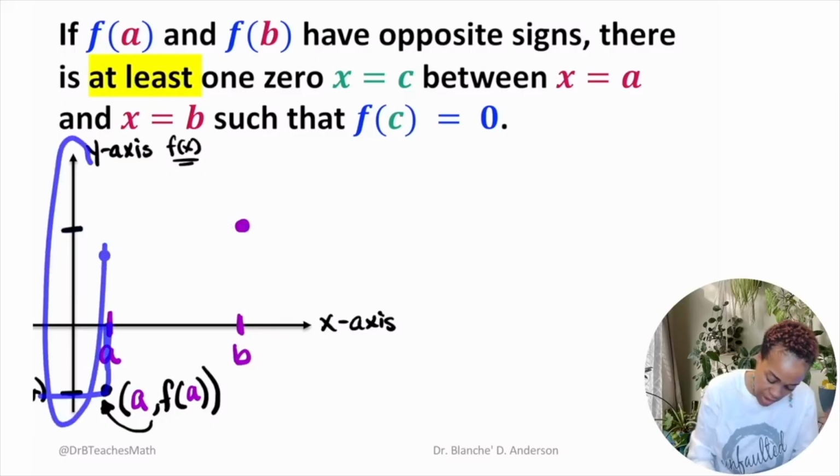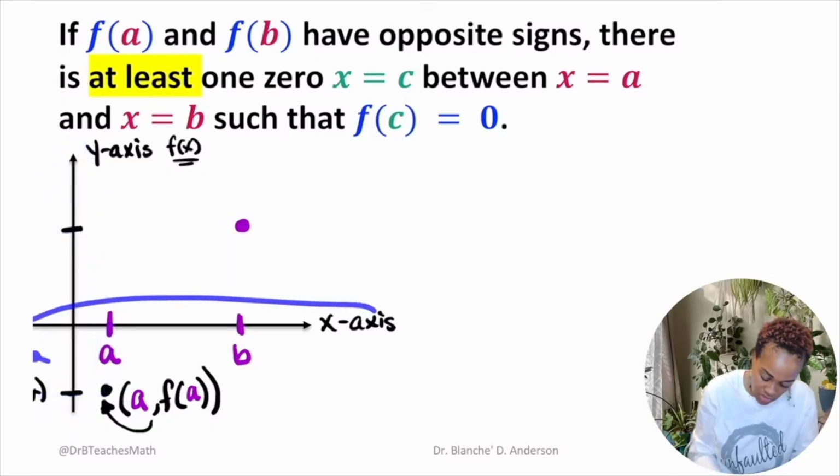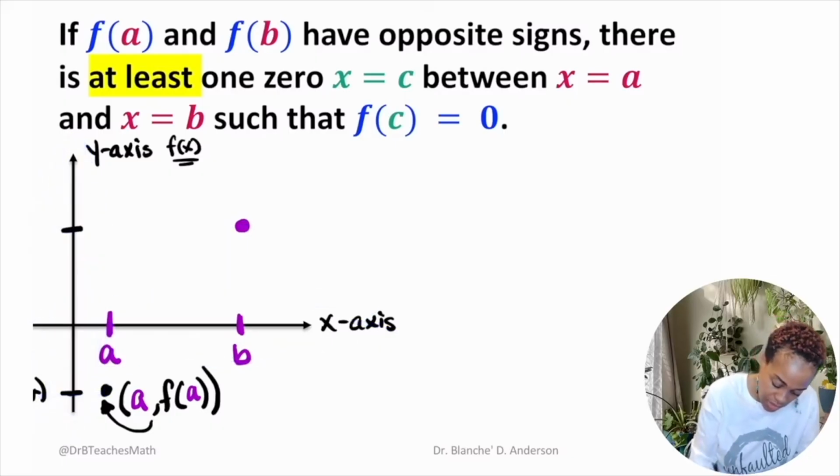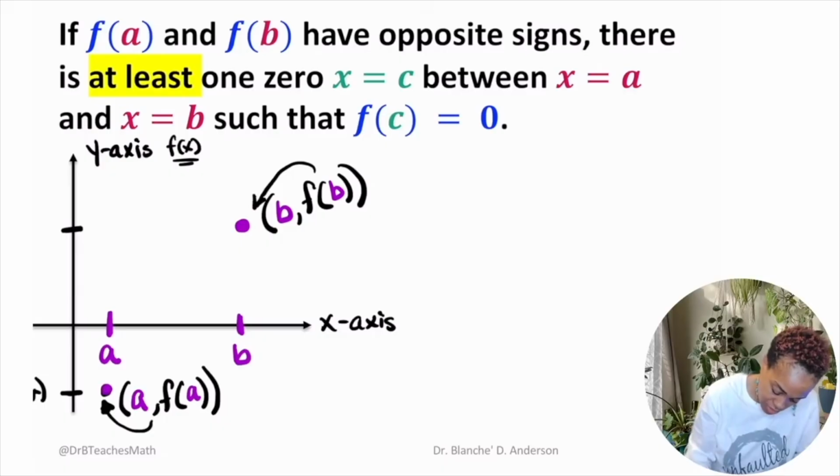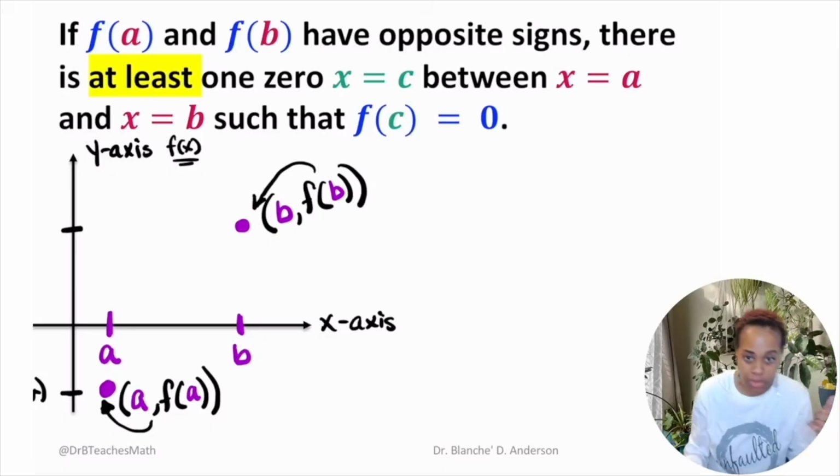So this is your y-axis, okay? This is your x-axis. Do you agree that this is the point b, f at b? Whatever the number is, do you agree that's this point here? In fact, let me put that point.